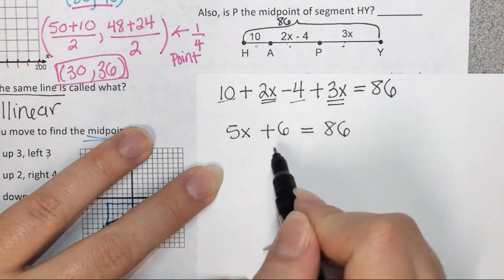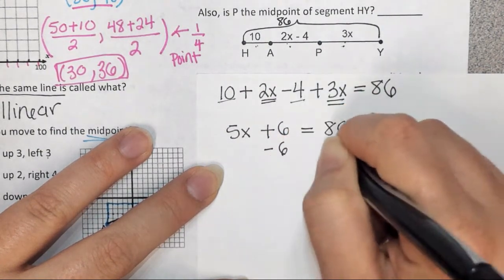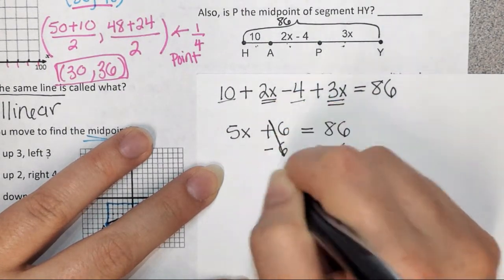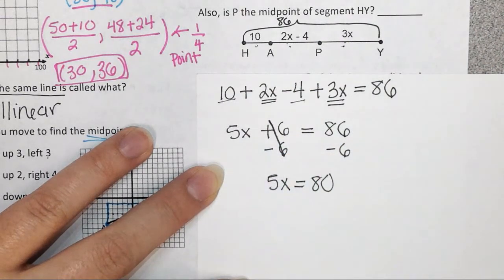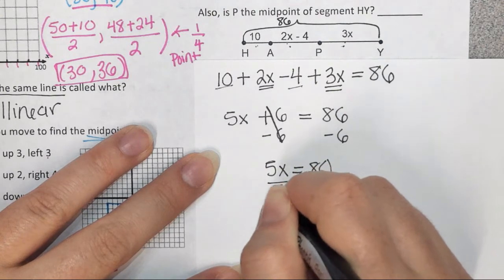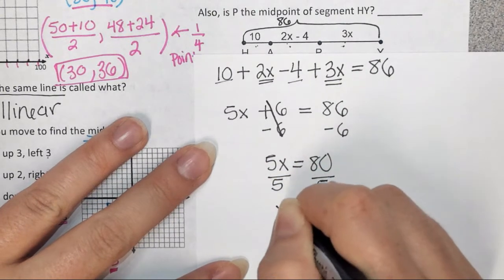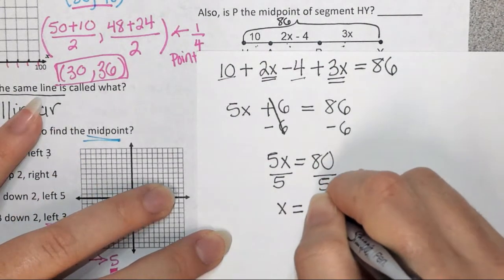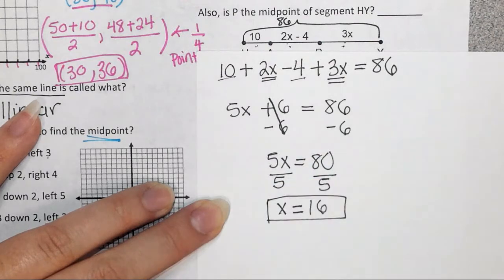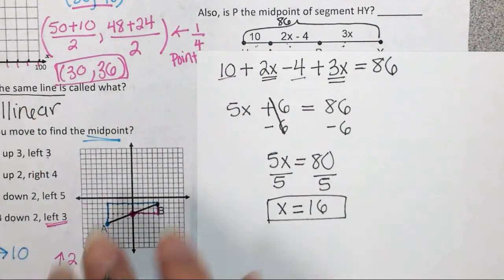Okay. Then I'm going to subtract 6 from both sides. Okay. And then divide by 5. And we get that x is 16.